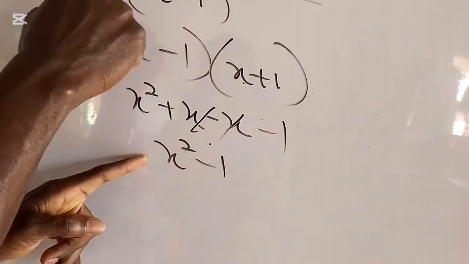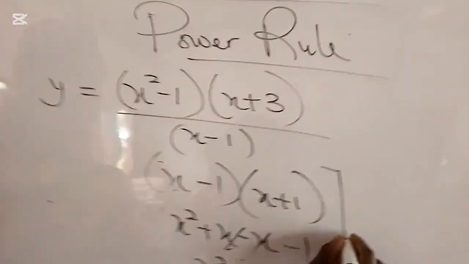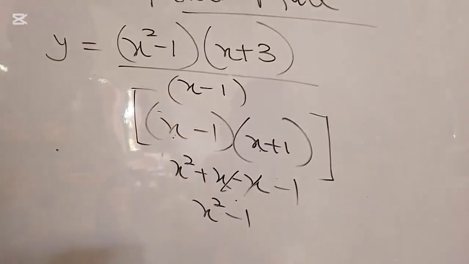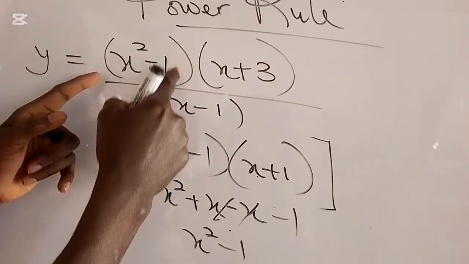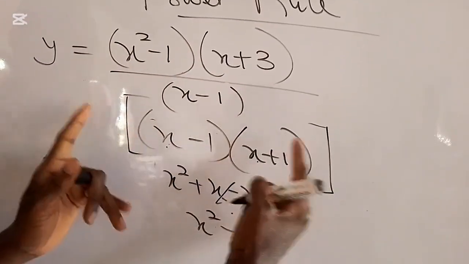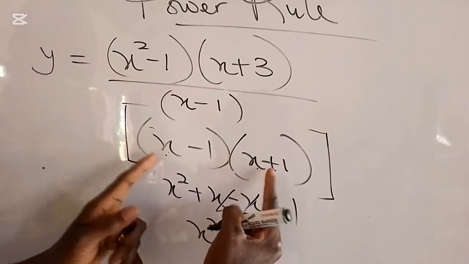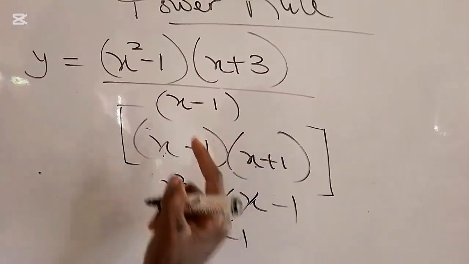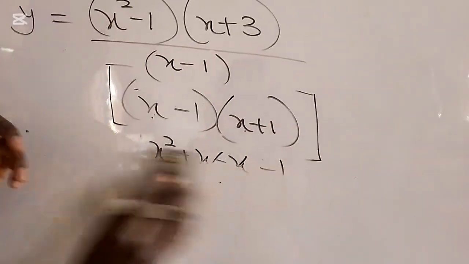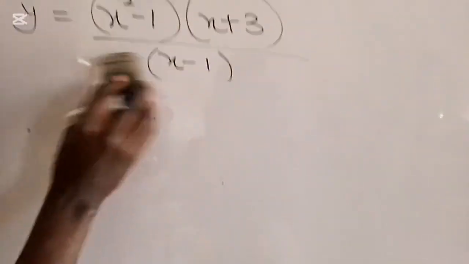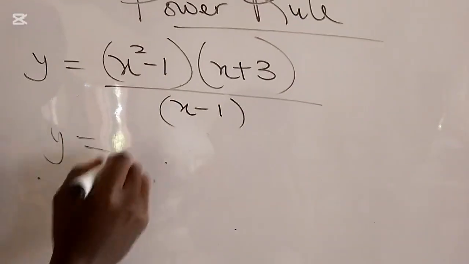So in place of x squared minus 1, we'll expand the bracket so that we'll have this. So we can cancel things out. So y is equal to this.